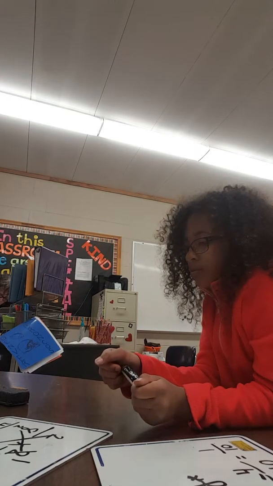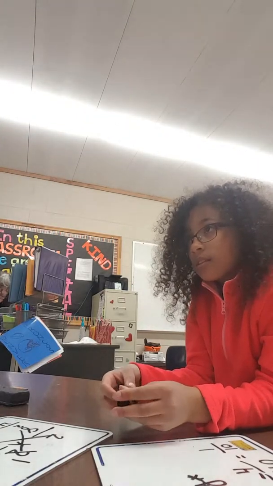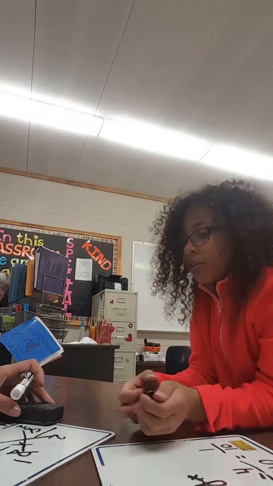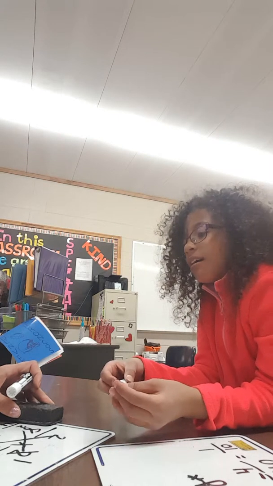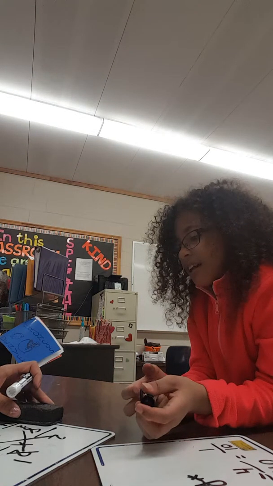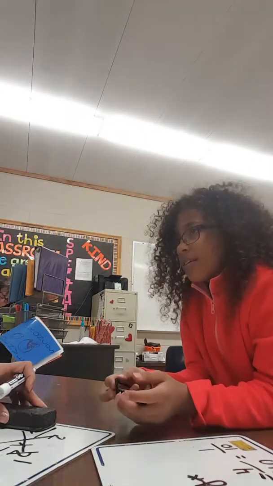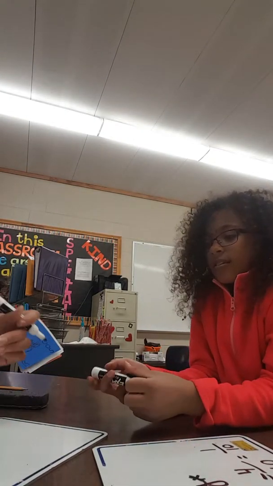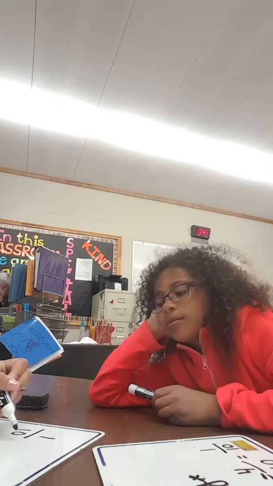Is 2 20ths and 1/10 equivalent to 4 40ths? Yes. Okay. I wonder if 5 50ths would be. Would it? I guess. I don't know. Let's look. So you want us to see if it's equivalent to 1/10? Yeah. Okay. 1/10.